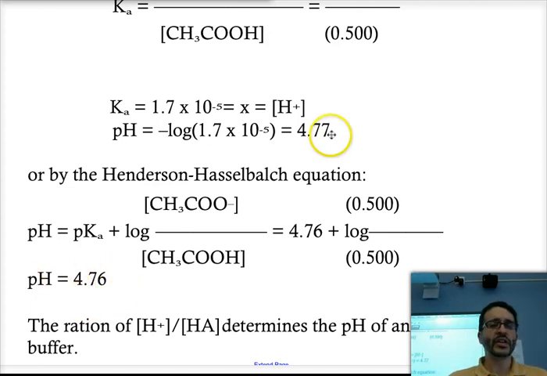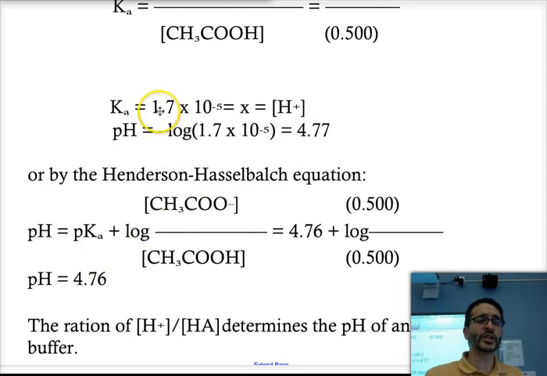There's a small difference in the values here because I used a slightly approximated value for the Ka in the top equation. But if you were using the exact value, you would get exactly 4.76.